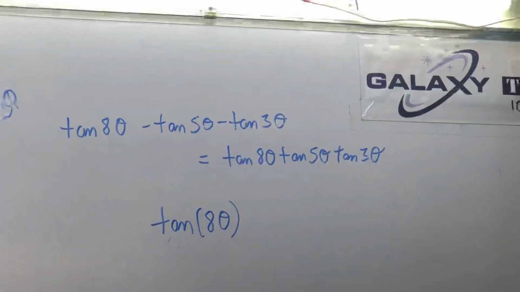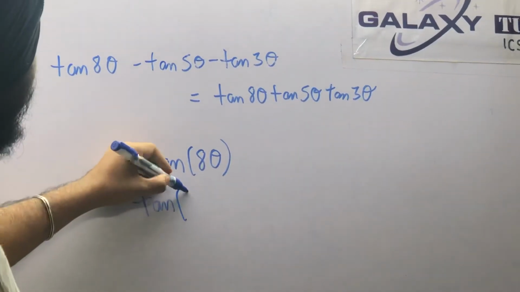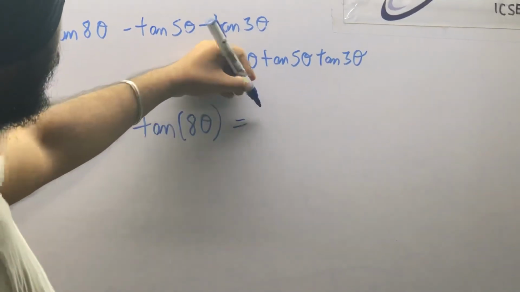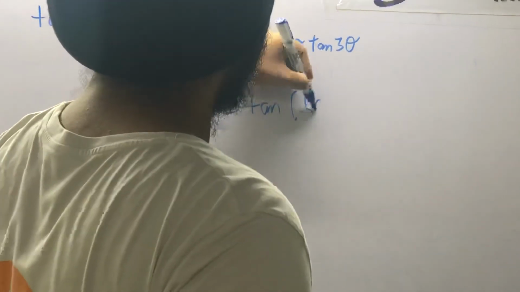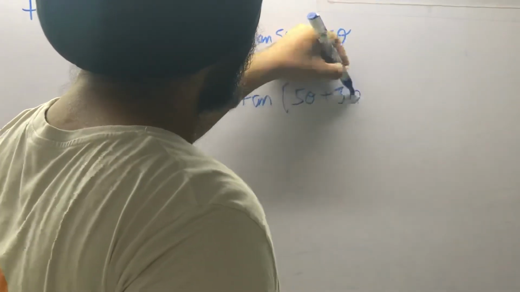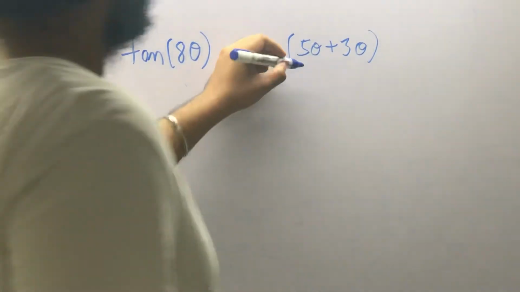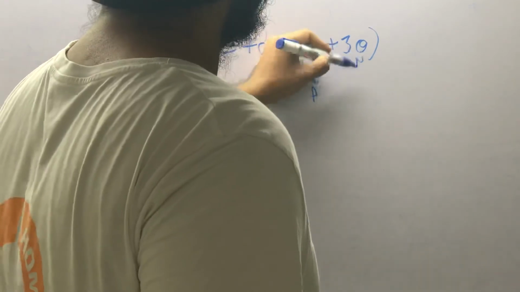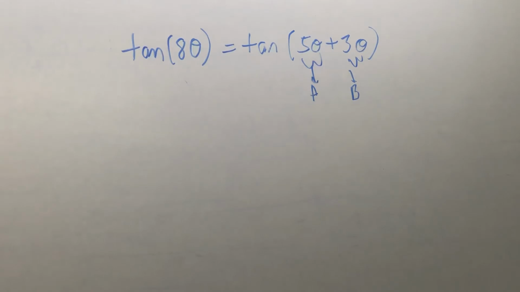Okay. Now tan 8 theta can be written as tan 5 theta plus 3 theta. Not a problem. Yes, 5 plus 3 is 8. Now you can assume tan 5 theta as A and 3 theta as B. Now which identity do you see here?